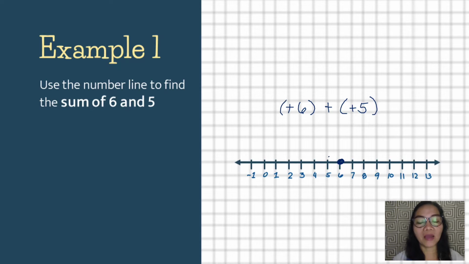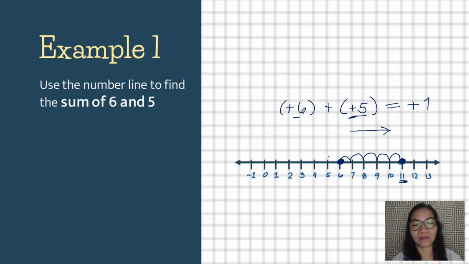Since 5 is positive, we move 5 units to the right: 1, 2, 3, 4, 5. At what point does it stop? It stops at positive 11. Therefore, positive 6 plus positive 5 is positive 11.